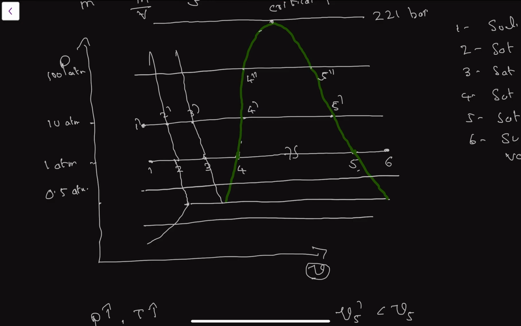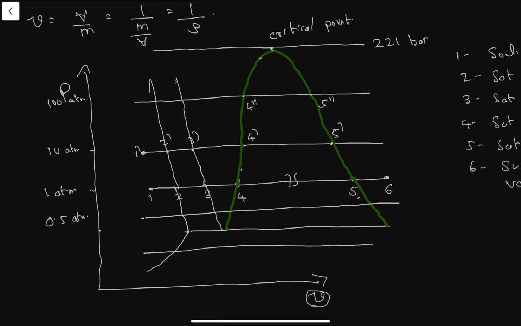Okay, let us mark the important phases here. So here you have the solid, and then you have the solid plus liquid here, and then here you have liquid, and inside the dome you have liquid plus vapor, and here you have the vapor.